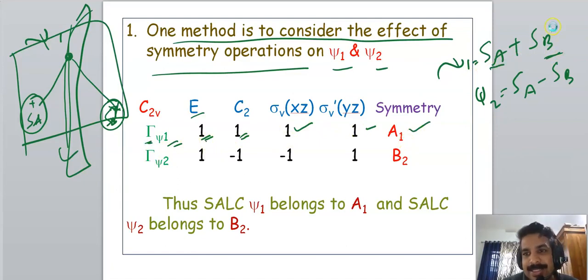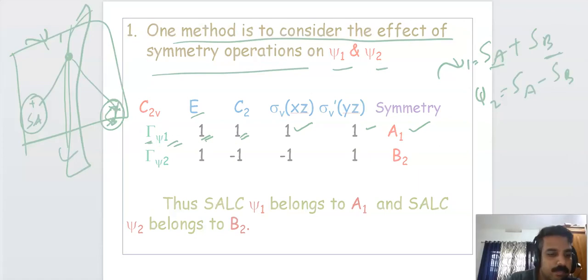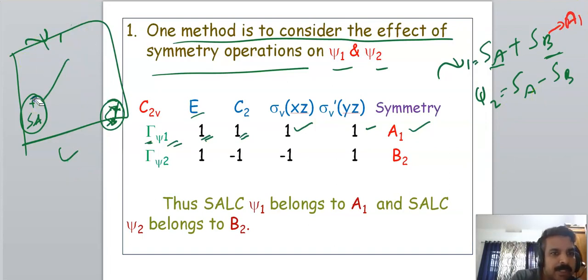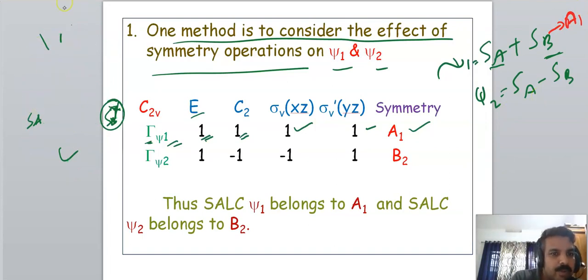So SA plus SB belongs to A1 symmetry. Then psi2, SA minus SB, can be drawn like this. This is oxygen.